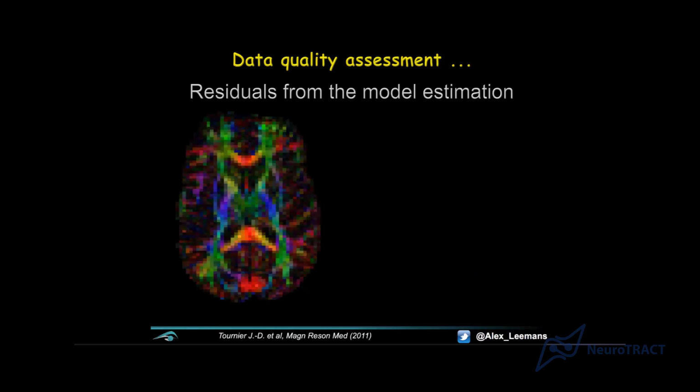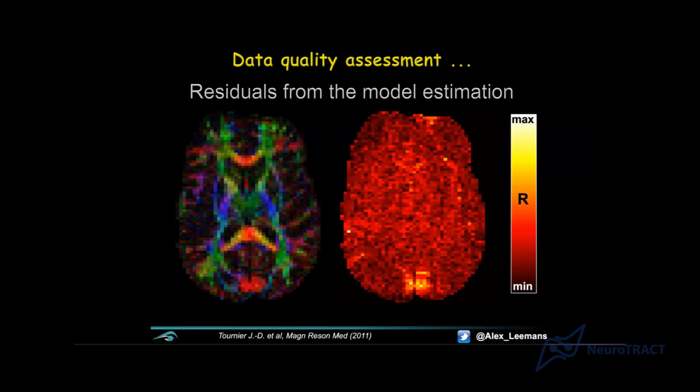And so when we go back to this example that I showed you with the red blob in the back of the brain, if we now look at the residual map, you see this kind of light bulb appear in that area. So in that area, we learn from looking at this residual map that our measurements are not really corresponding nicely to the predictions of our model because the residuals in that area are high. So this tells us that we have an artifact in this area.